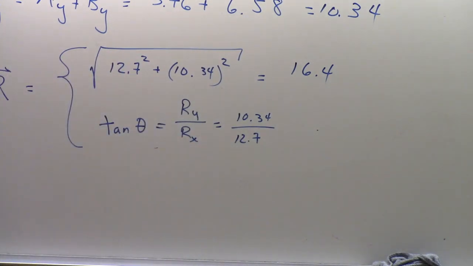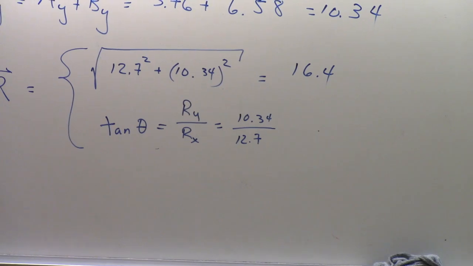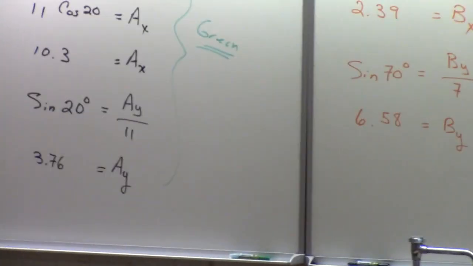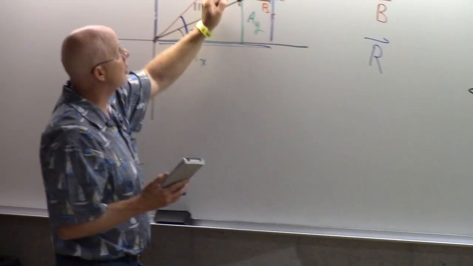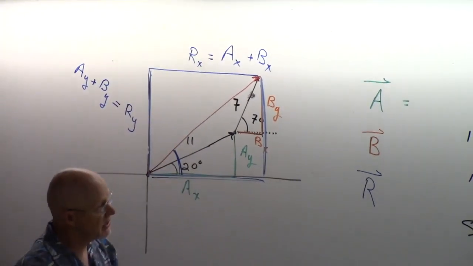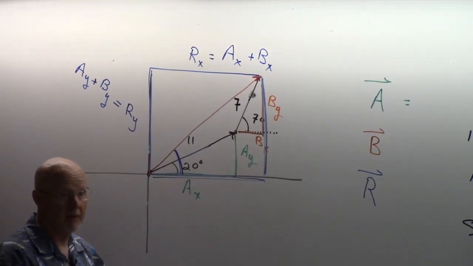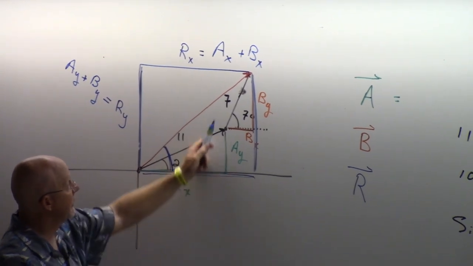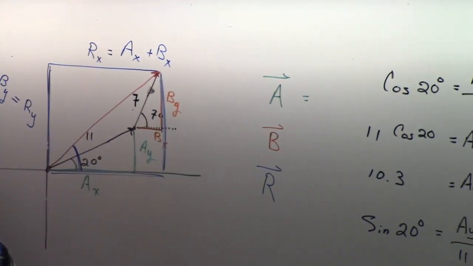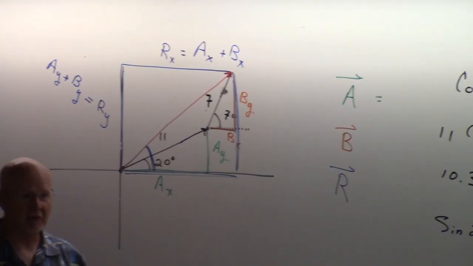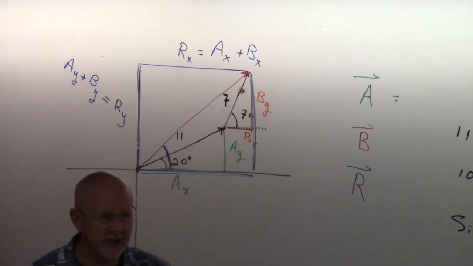What that would mean then is I could think of this motion as just being one equivalent motion that is 16.4 long. So this 11 plus this 7 makes 16.4. Try that on a 5th grader. What does 11 and a 7 make? 16.4. Everybody knows that, right?